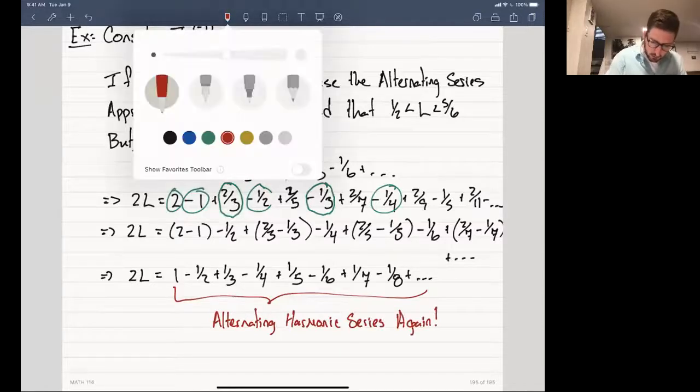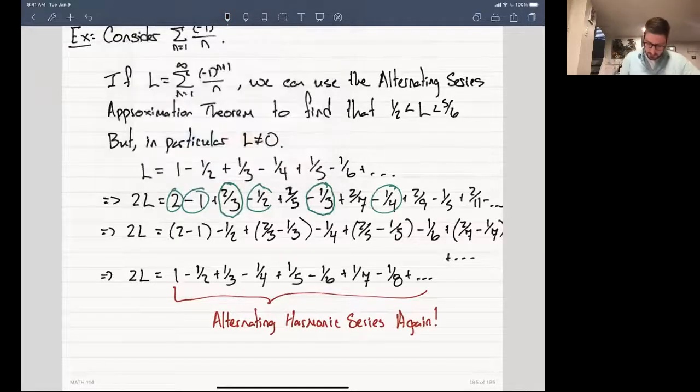And so this tells me that 2L, which never changed on the right-hand side or on the left-hand side, is equal to L, because L was the sum of the alternating harmonic series. But the only way this can happen is when L is equal to 0.